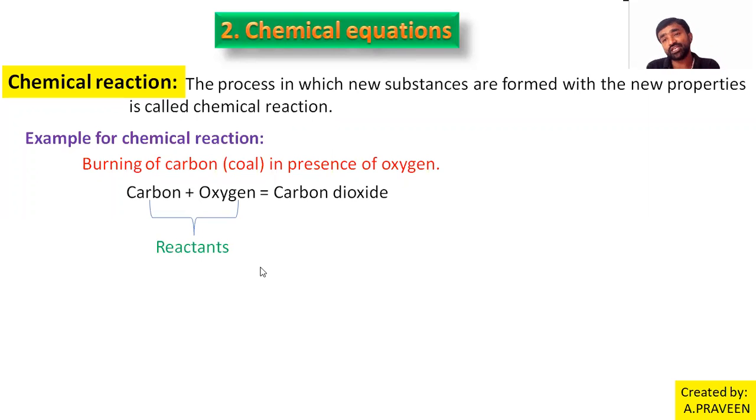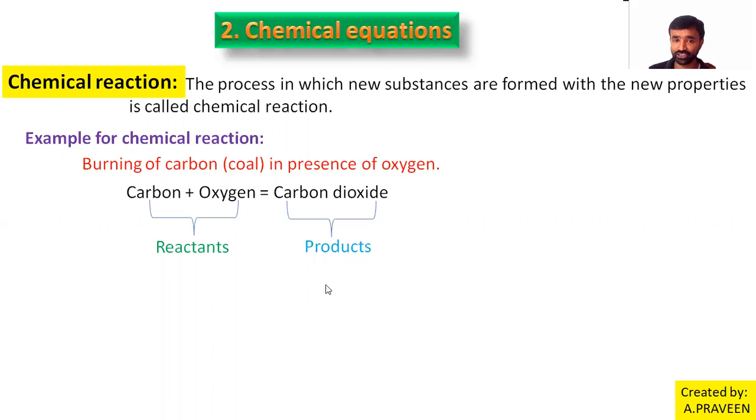Then after the change, what remains? They are called products, right? Here we have byproducts also. What are they? Heat and light along with the carbon dioxide. So here reactants are there, products are there.